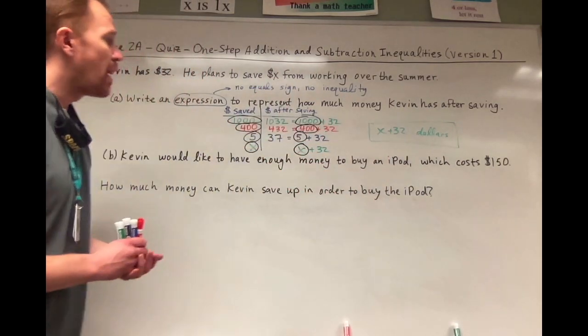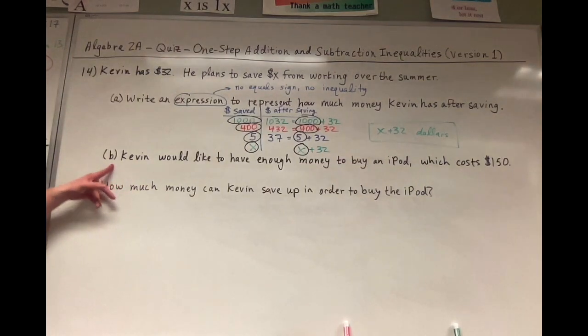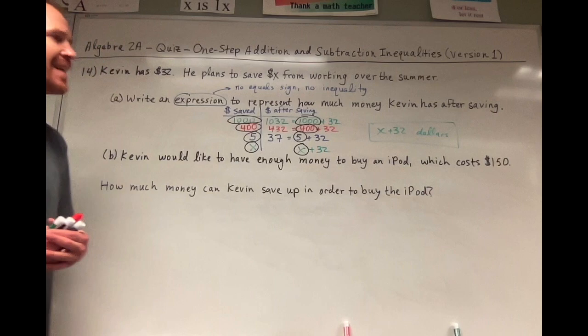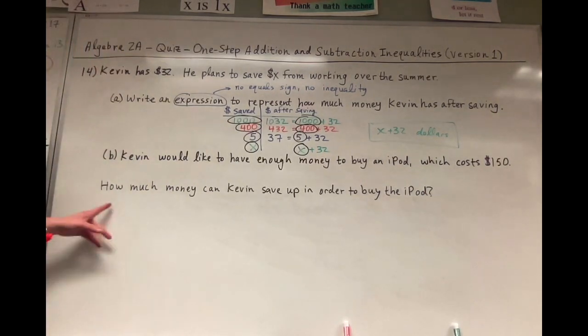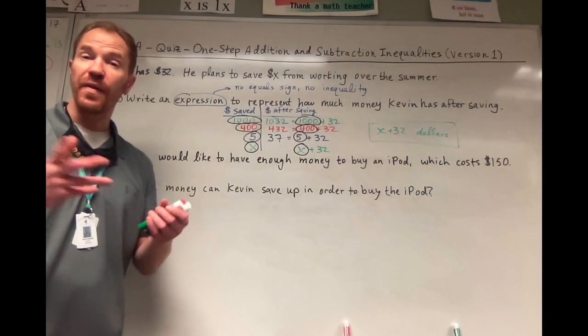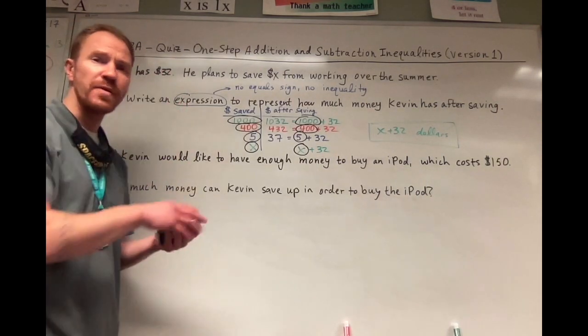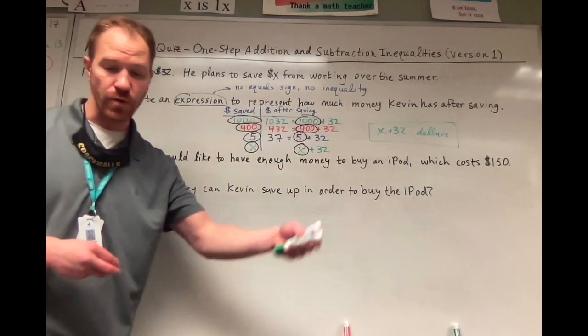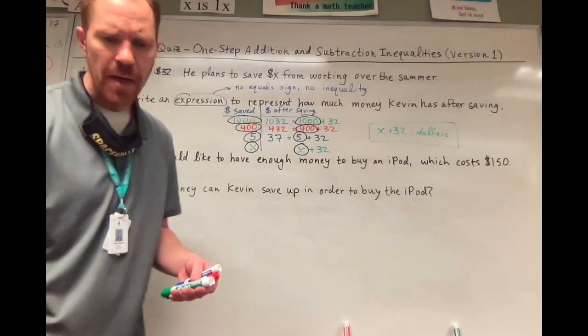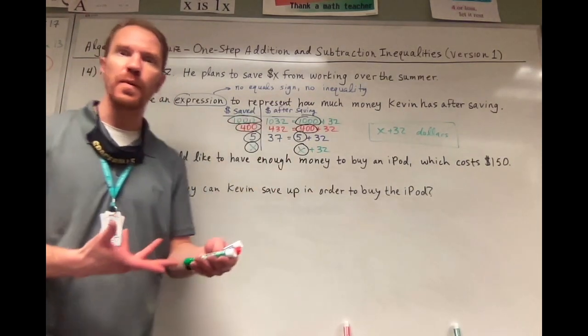Okay. All right, for them, part B says Kevin would like to have enough money to buy an iPod, which costs $150. How much money can Kevin save up in order to buy the iPod? Now, one thing I like to point out here, whereas number 13 had the word over, like over 20 days, that's more than 20 days.